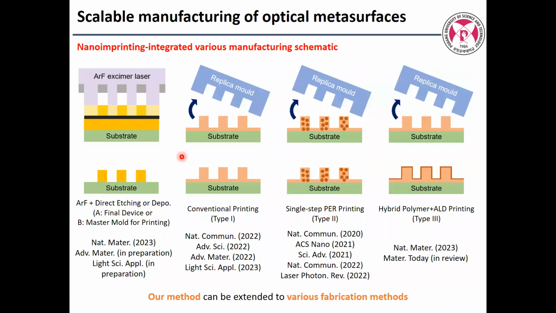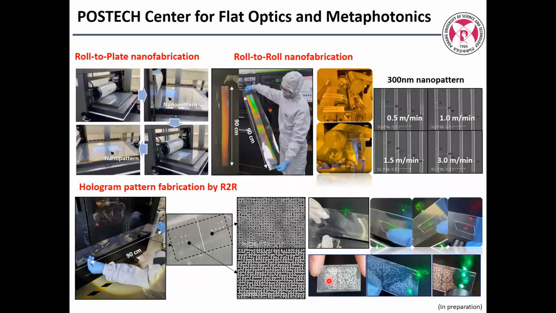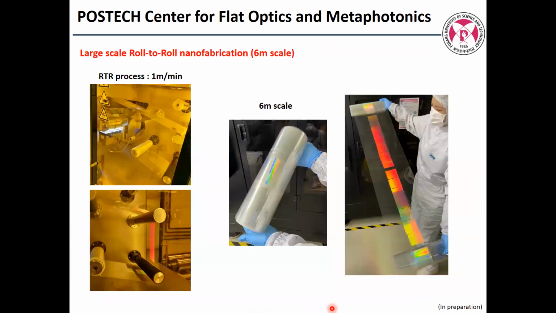So this is lithography, imprinting, and different materials making a lineup of manufacturing schemes. Now we are working on an automatic line of printing. We do this roll type of feeding setup, so it's only compatible with flexible substrates like PET. But anyway, we can make a continuous scale of a meter.